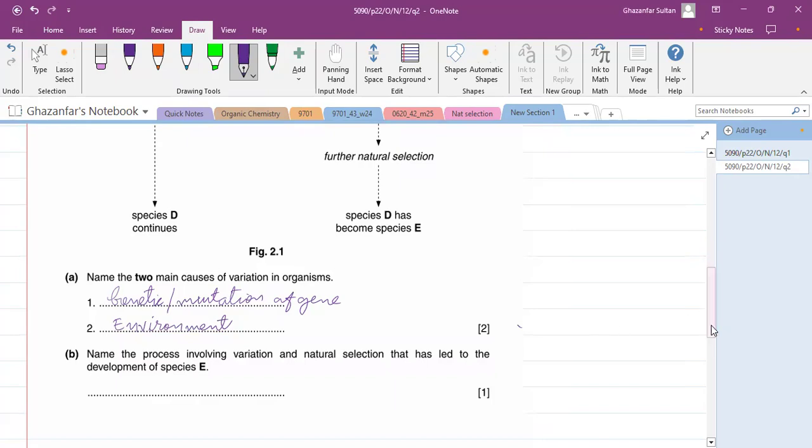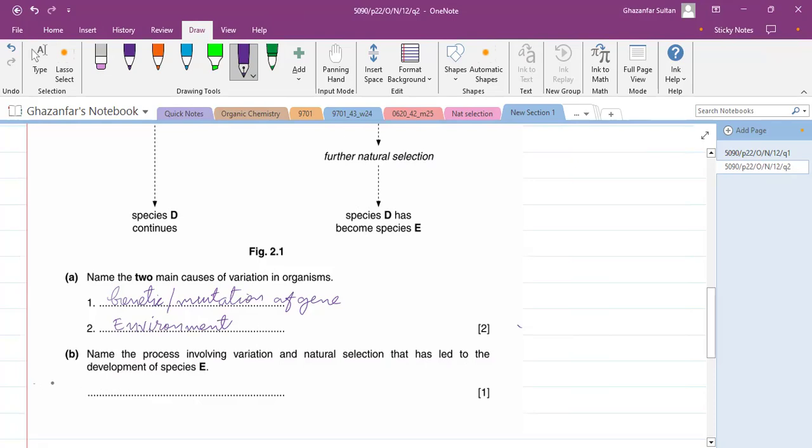Now come to the B part. This B part says, name the process involving variation and natural selection that has led to the development of new species E. So definitely, as I have already told you, this is speciation and evolution.